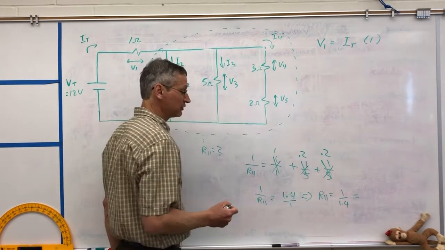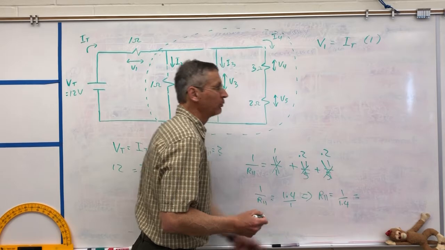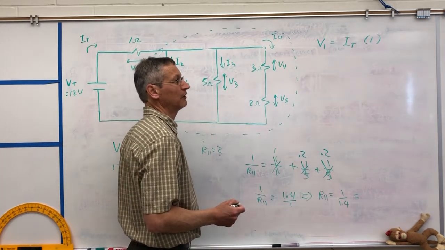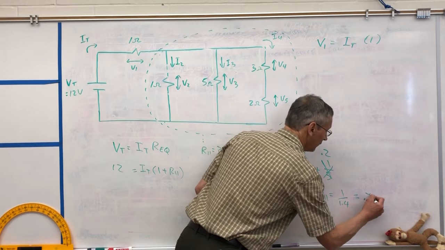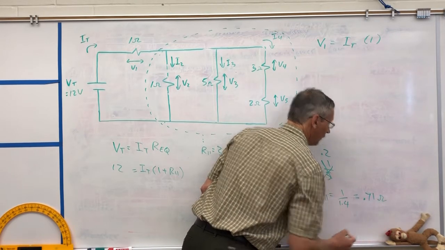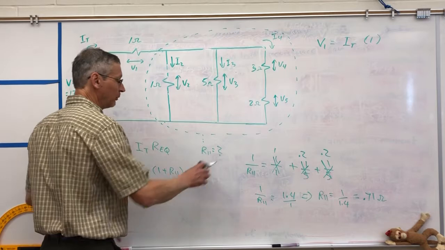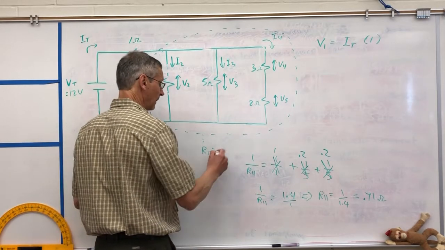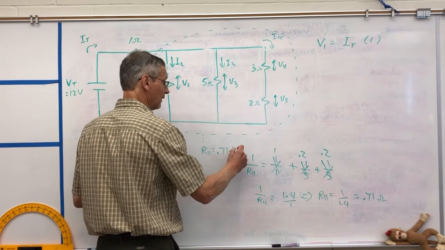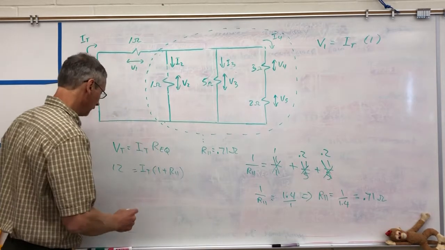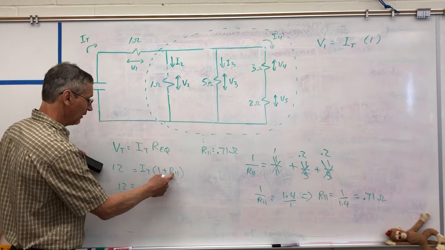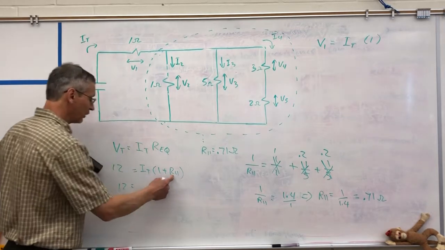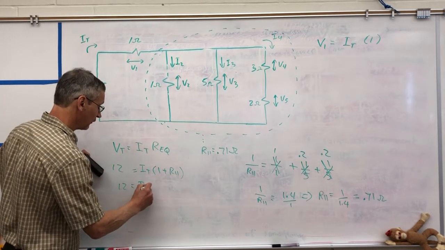So our parallel is going to be equal to 1 over 1.4. That's 10/14, that's 5/7, that is 0.71 ohms. Okay, so our parallel is 0.71 ohms. So we can substitute in over here now for our parallel.